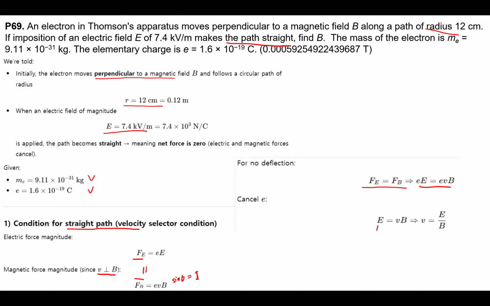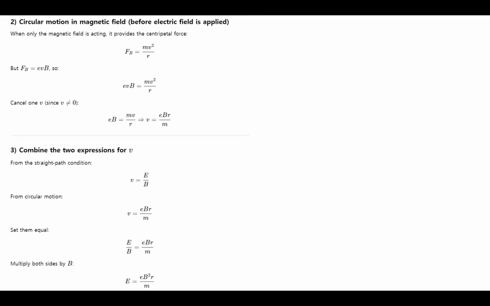And then we get this one. But in this case, we need to know what other parameters we are missing. In the magnetic field, initially it is a circular motion, so the magnetic force should be the centripetal force.